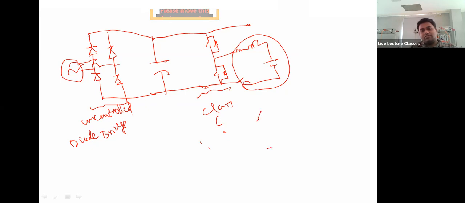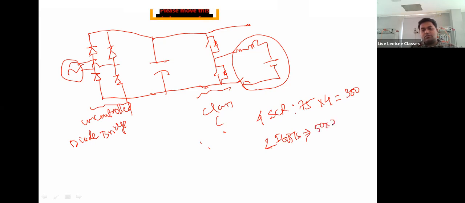If you want four thyristors, SCRs, each one will cost you around 75 rupees, into four pieces would be 300 rupees, right? And if you have two IGBTs, it will be 50 rupees into 2 equals 100 rupees. So can you see how much the difference is?